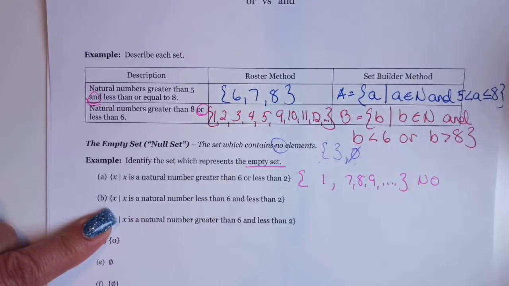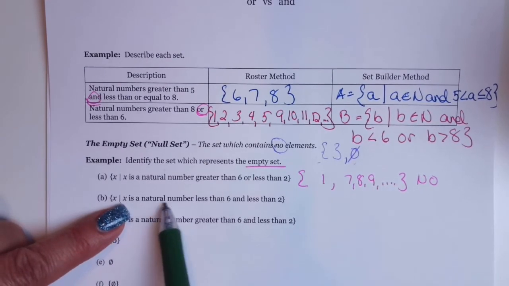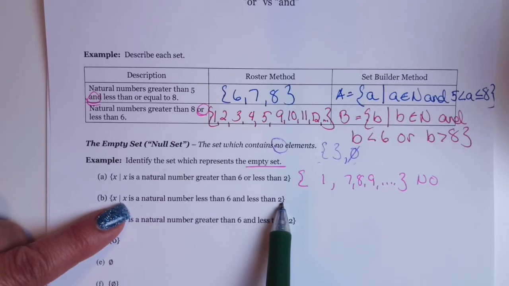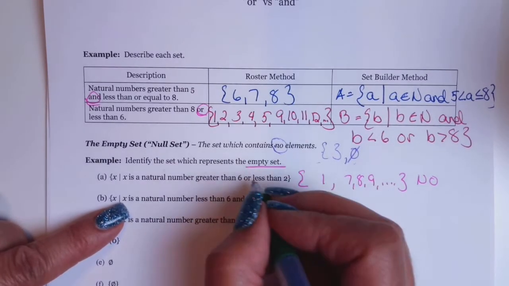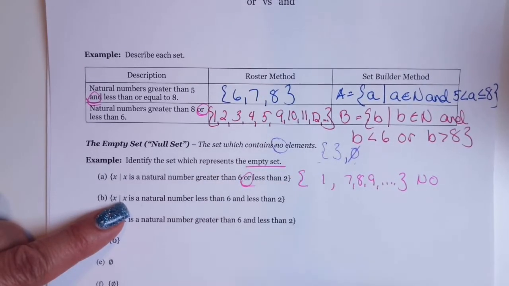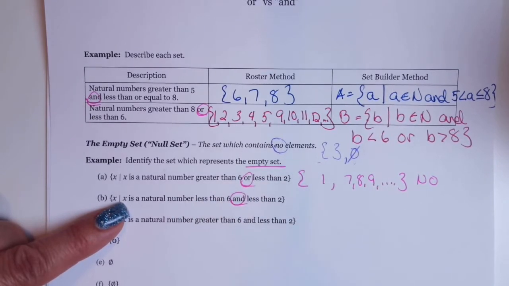Okay, let's look at the next one. B. x is such that x is a natural number less than 6 and less than 2. Now notice that the previous one was or, either or. This one is less than 6 and less than 2.